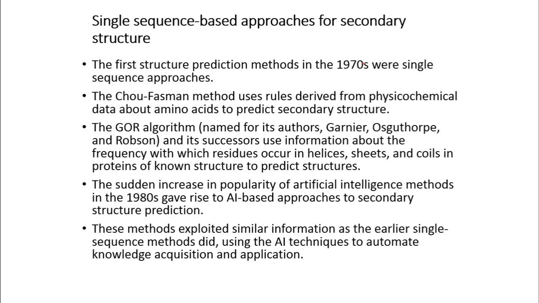Okay, so Chou-Fasman, this pair, did some of the pioneering work in determining or predicting the secondary structure of a given protein. Okay, so the initial methods like Chou-Fasman tried to devise certain rules from physicochemical data about amino acid residues to predict the secondary structure.